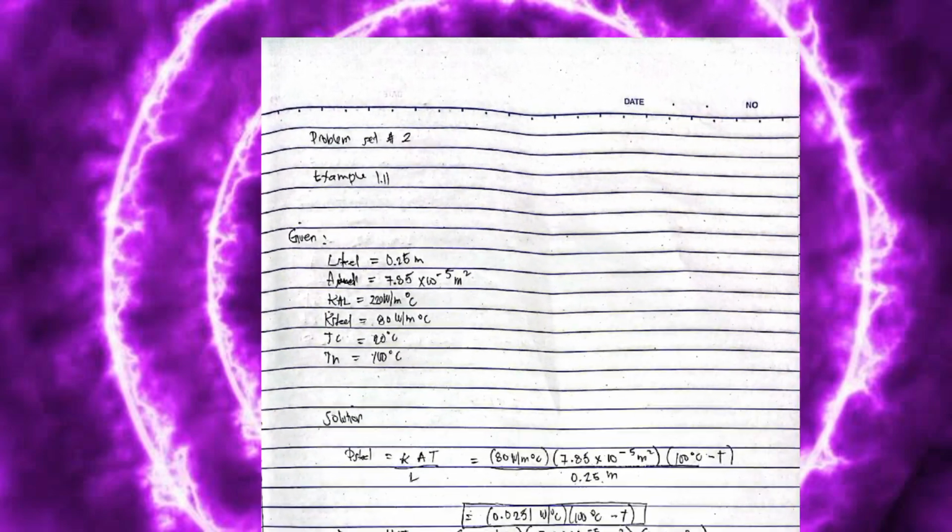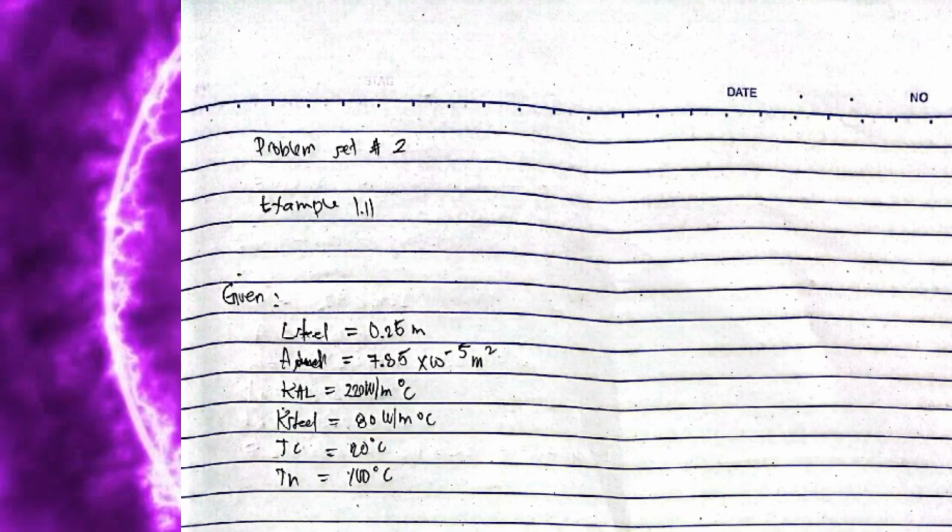So, given our length of the steel is 0.25 meter, and our area is 7.85 times 10 raised to the power of negative 5 meter square, and our thermal conductivity of the aluminum is 220 watt per meter degree Celsius, and our thermal conductivity of the steel is 80 watt per meter degree Celsius, and our temperature in the colder is 20 degrees Celsius, and our temperature in the hotter is 100 degrees Celsius.